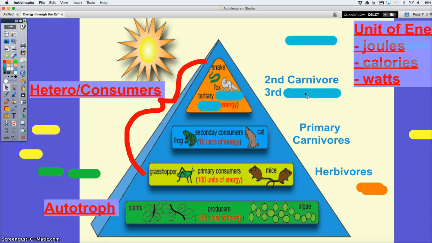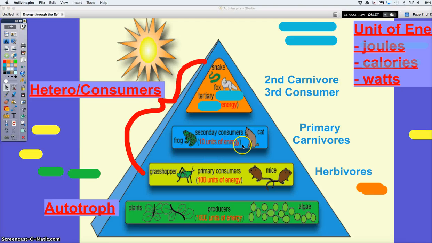Third order. I'll pause. I told you, you got primary consumers here, secondary consumers here, and here you got your third order consumer. 1 unit of energy, but they're also the second order carnivore. In an energy pyramid or a food chain, it's always producer first, plant eaters or primary consumers next, and the rest are carnivores.